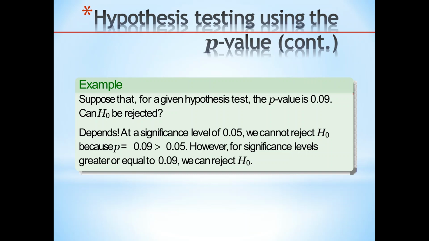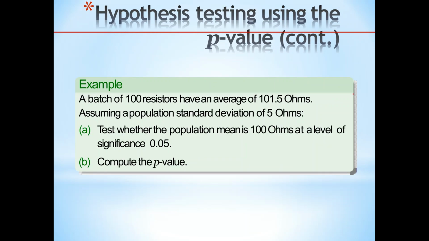We cannot reject the null hypothesis, since in this case the p-value exceeds the alpha value. However, if the alpha value or the significance level is greater than or equal to 0.09, then we can reject the null hypothesis.